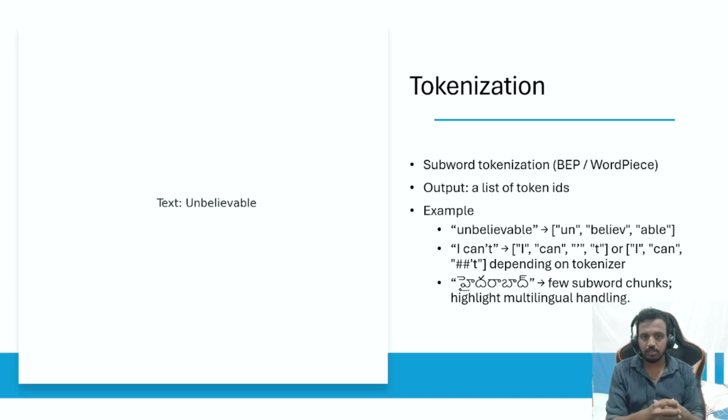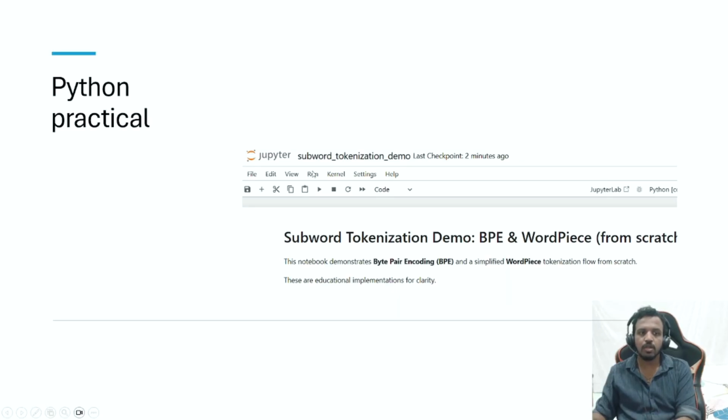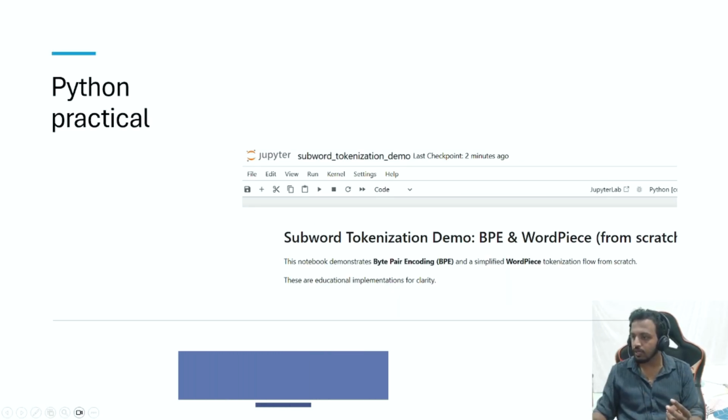For example, BPE does tokenization based on the frequency of occurrence of characters. To give you a corresponding example, when you talk about sorting, why do you have so many algorithms, quick sort, bubble sort? At the end it does the same, but the approach is different. That's why we have multiple algorithms for tokenization, and we will do practicals on two of them.